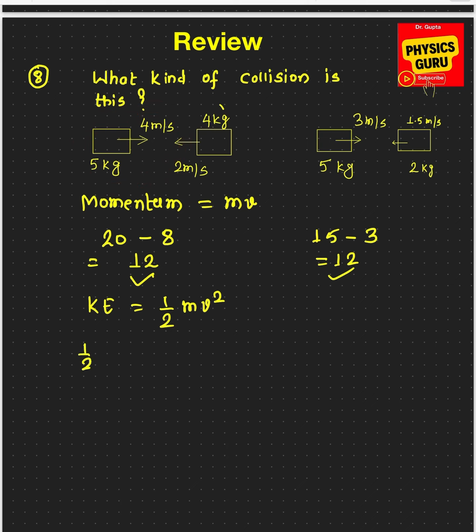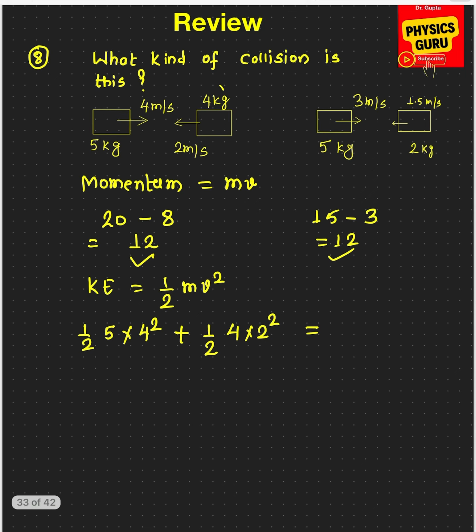Half, mass is 5 kilogram, the speed is 4, squared. That's for this object. And for the other object, it will be half, mass is 4 kilogram, the speed is 2 squared. Let's do this math here.